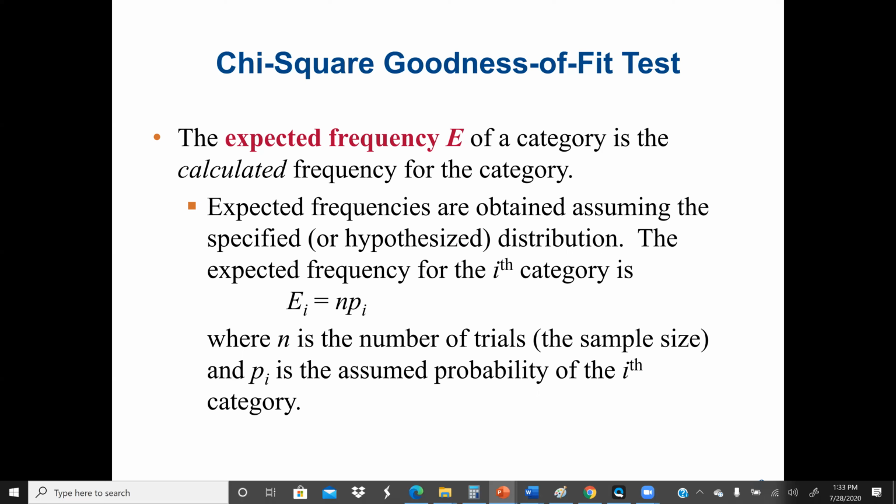The expected frequency for classical music will be, let's say, number 1, so that will be our E1. It will be the sample size, or number of trials, times the probability of that category. In classical, we may have a probability of, let's say, 6%. Then it will again be the sample size times the probability. We are going to do an example soon, so we will see the steps.